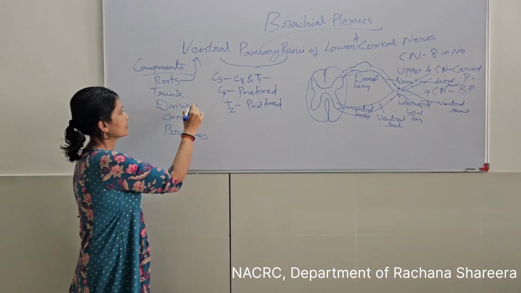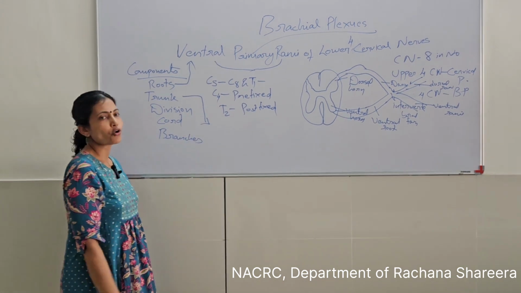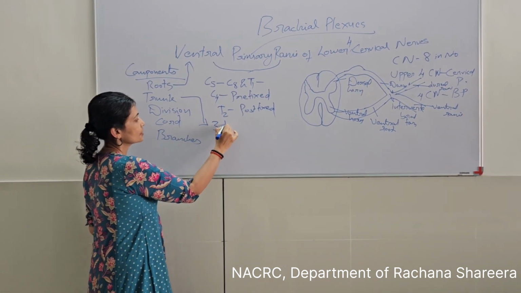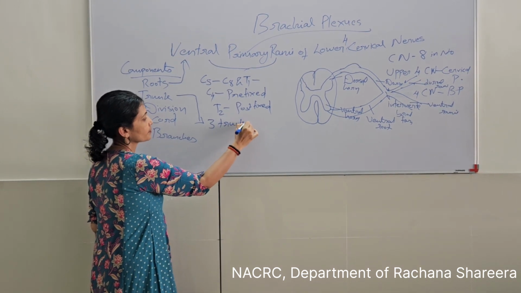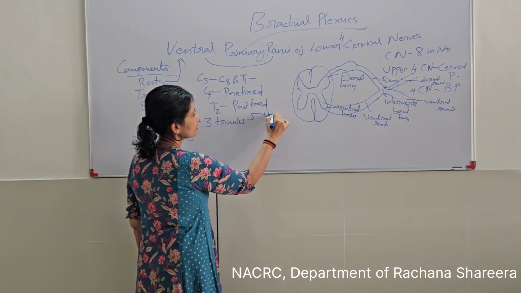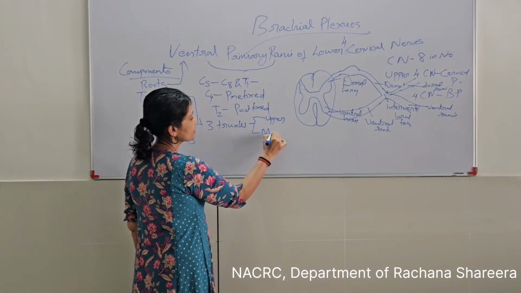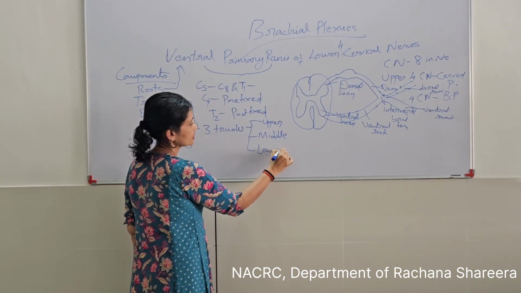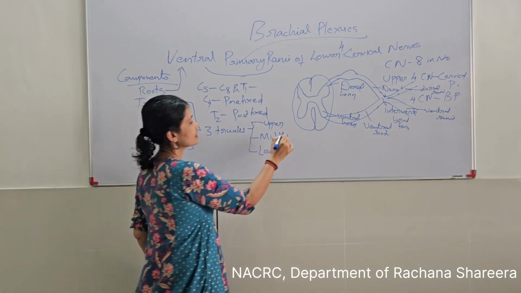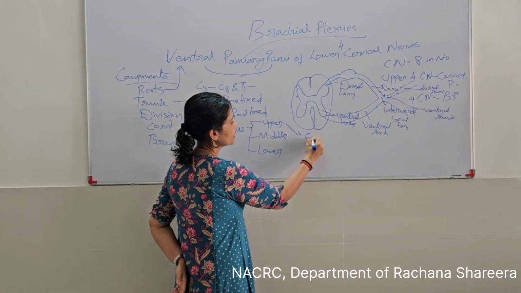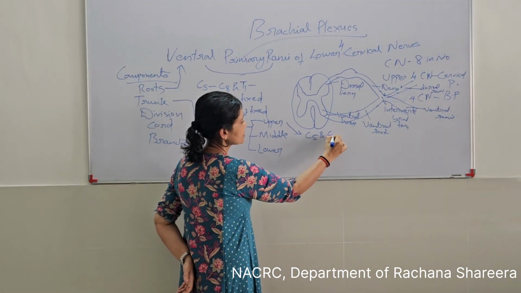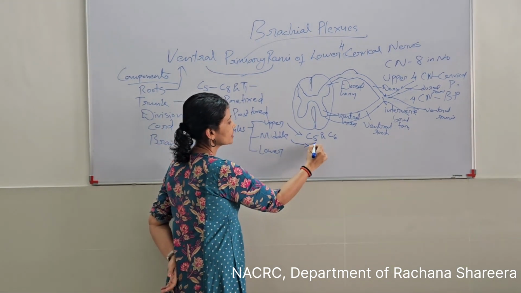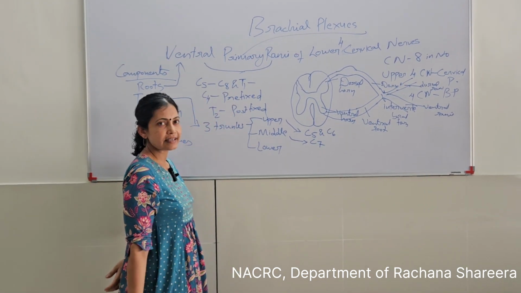Next, trunk. Trunk is formed by the union of roots. So there are three trunks: upper trunk, middle trunk and lower trunk. Upper trunk is formed by the union of C5 and C6. Middle trunk is formed by C7.